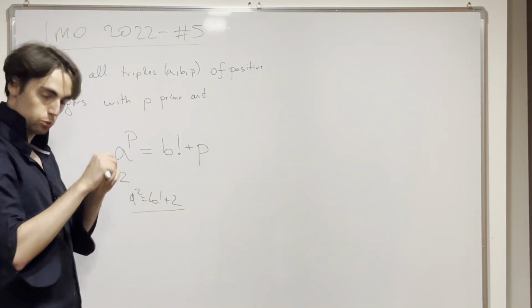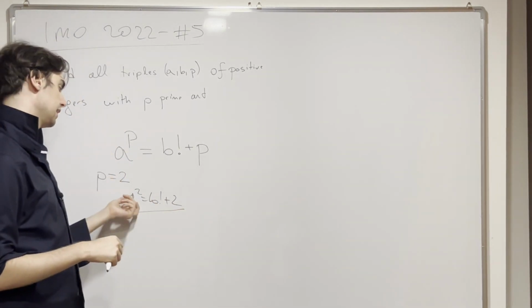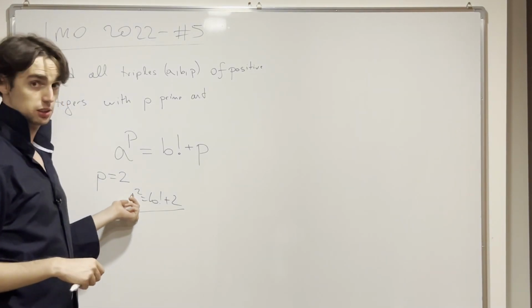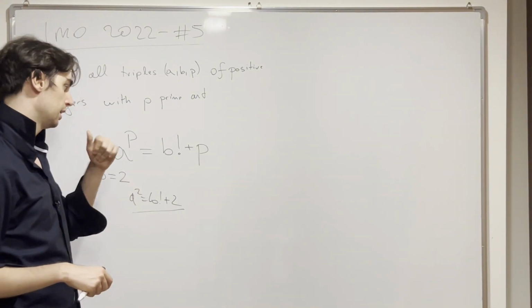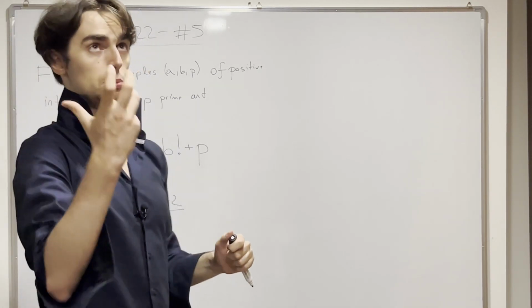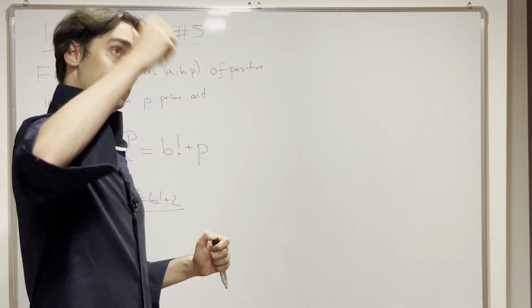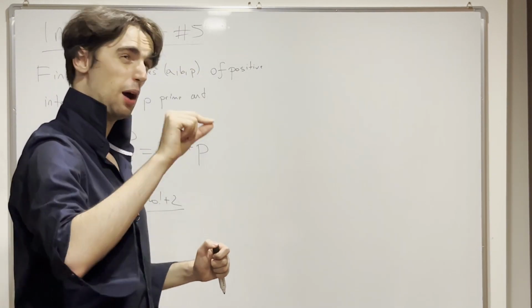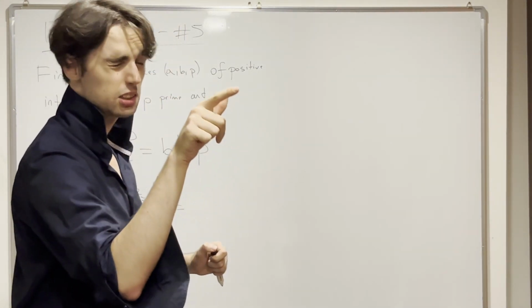Well, here's the reasoning now. If I'm plugging in a first, plugging in different values of a, I'm really saying that a squared minus 2 is equal to b factorial. So I'm saying that if I'm plugging in different values of a, I want to get the right b factorial.